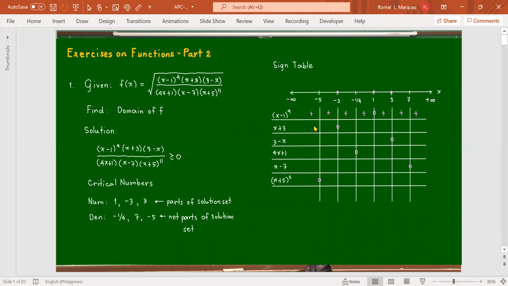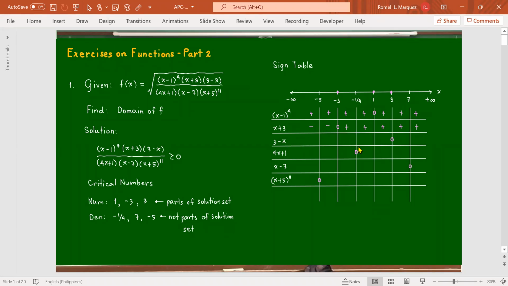Any number to the left of 1 and to the right of 1, this expression is always positive. What about x + 3? x + 3 is always positive to the right of −3. Am I correct, guys? Opo. And then to the left, negative.